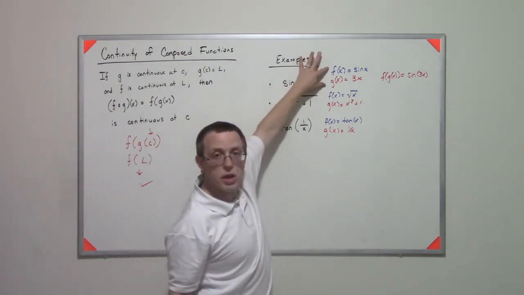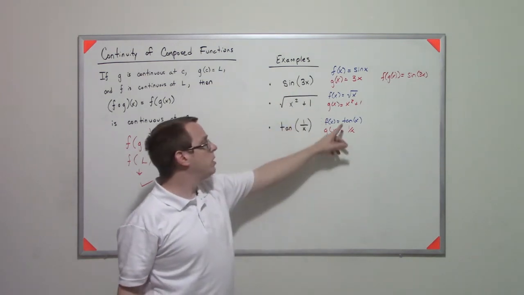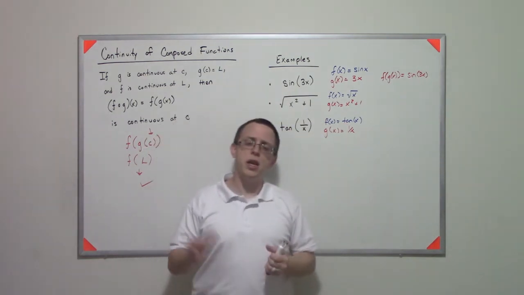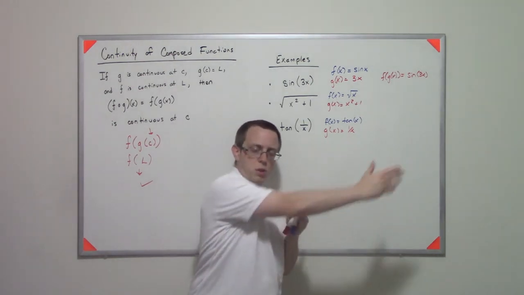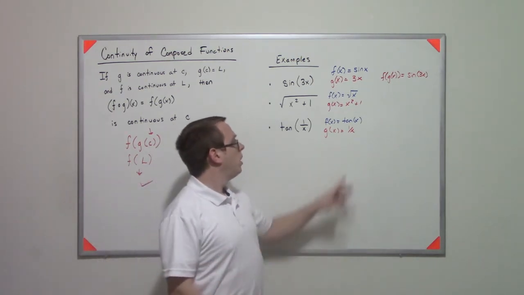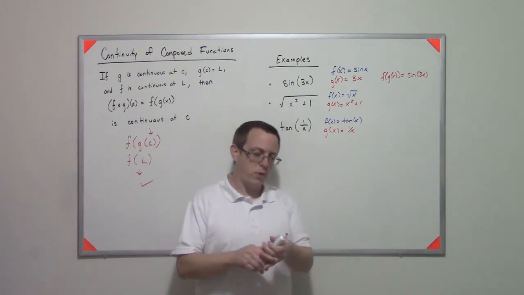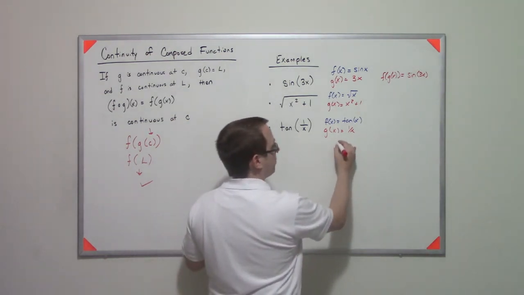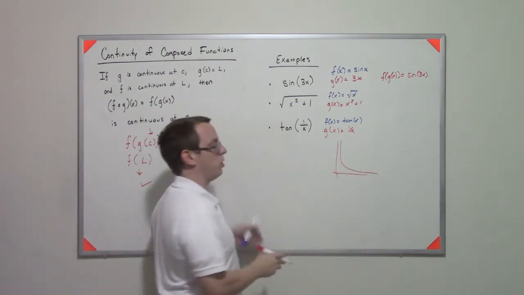This thing's continuous everywhere. This one's a lot trickier because the tangent function is continuous except at pi over 2, 3 pi over 2, 5 pi over 2, and so on and so forth. And it technically goes in the negative direction too. And g of x is 1 over x. So if you think about the graph of 1 over x, this is just the positive version of that graph.